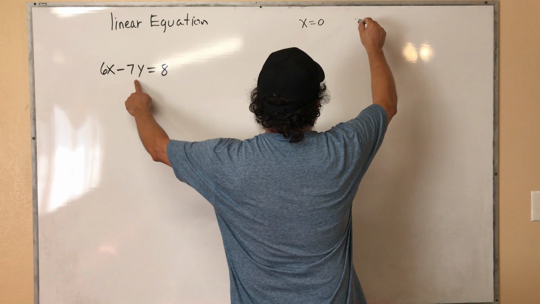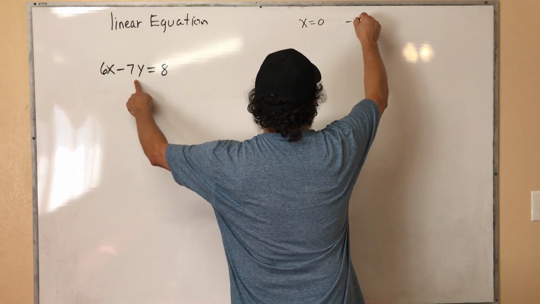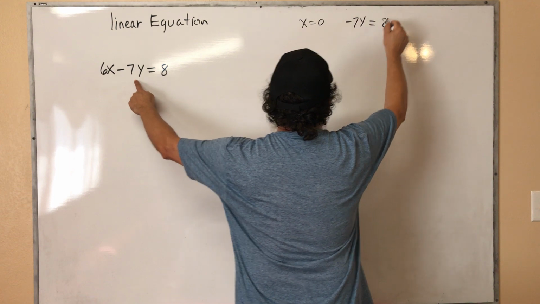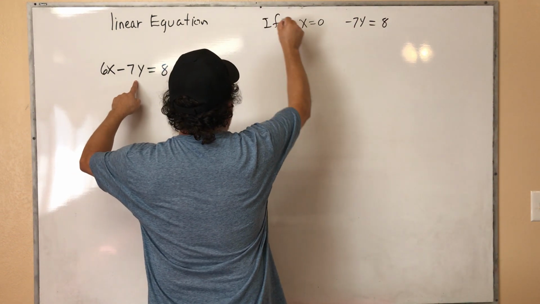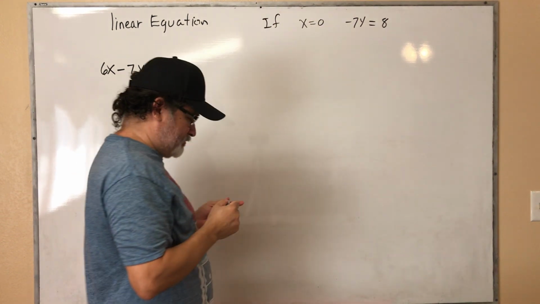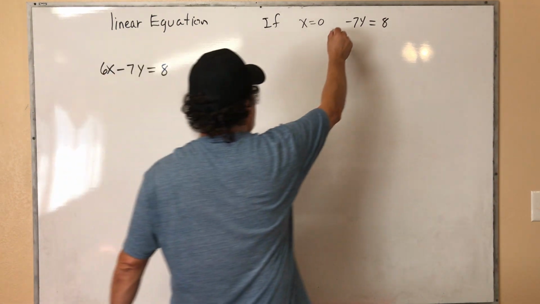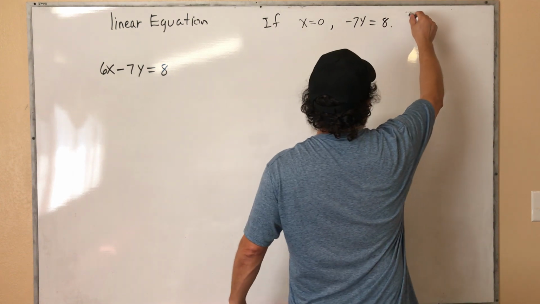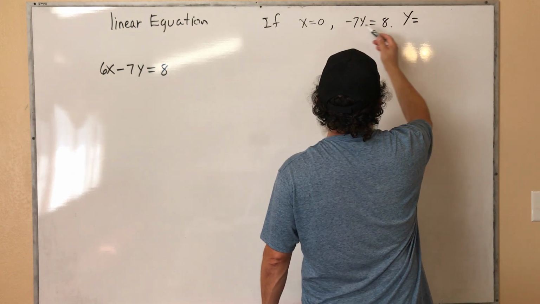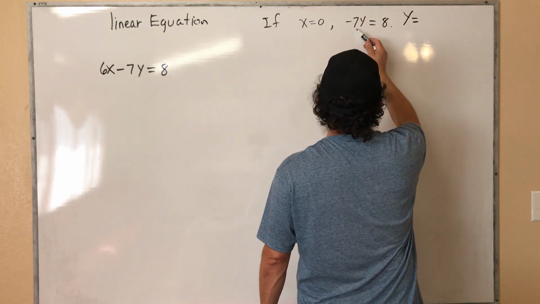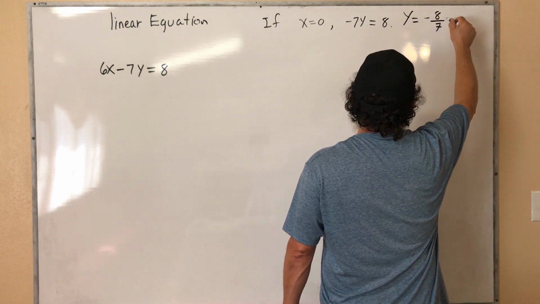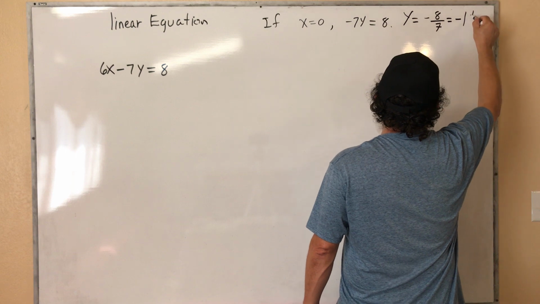And when you solve for y, divide both sides by negative 7, y equals negative 8 over 7, which is negative 1 and 1/7.